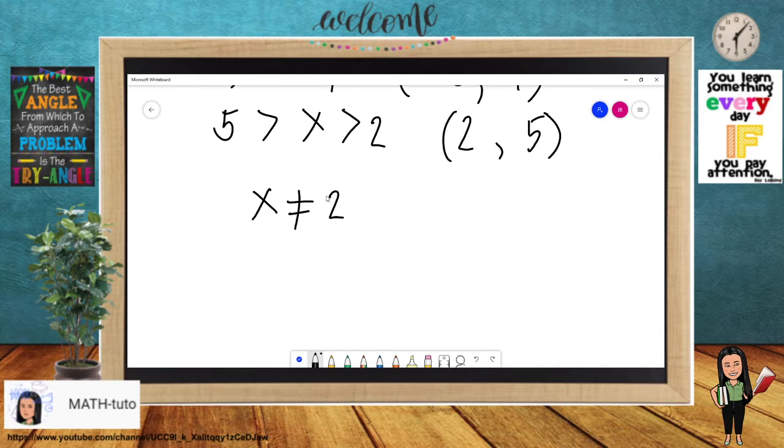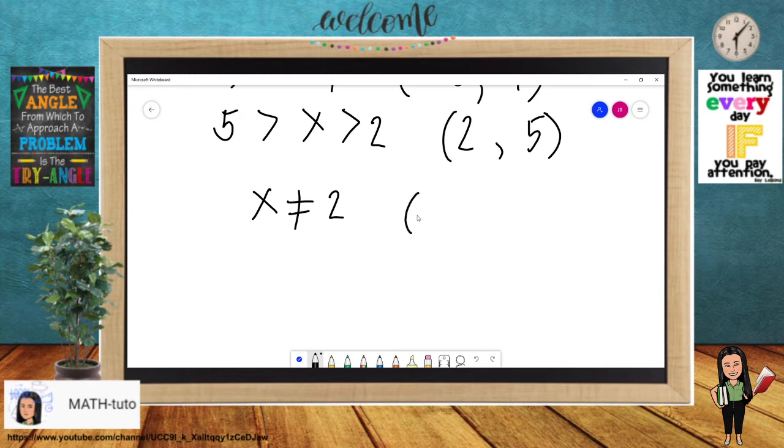It includes all values, all real numbers except 2. Which means that if we have an inequality na not equal ang symbol, simula siya sa negative infinity hanggang positive infinity excluding 2.